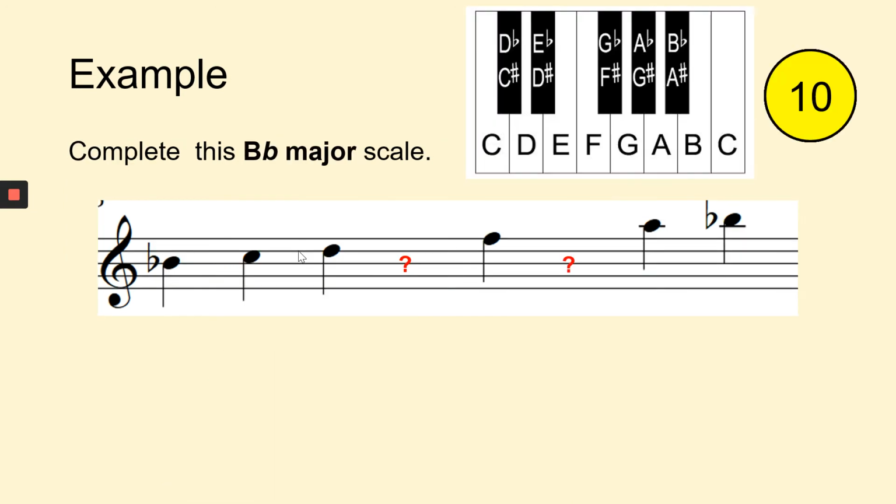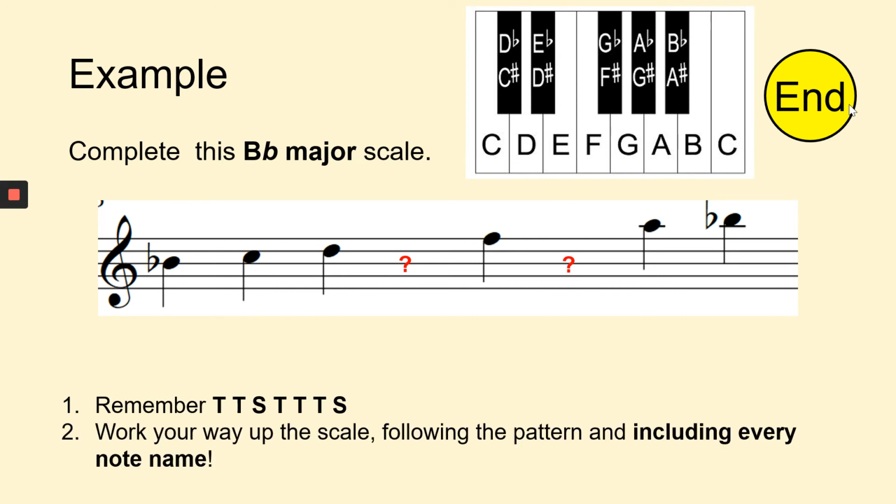Now, finally, let's complete this B flat major scale. What are the missing notes? So first, we're going to remember our scale pattern, and then we're going to work our way up the scale, following the pattern and including every note name.